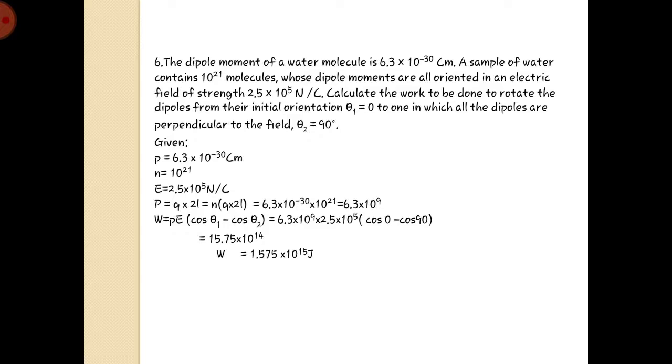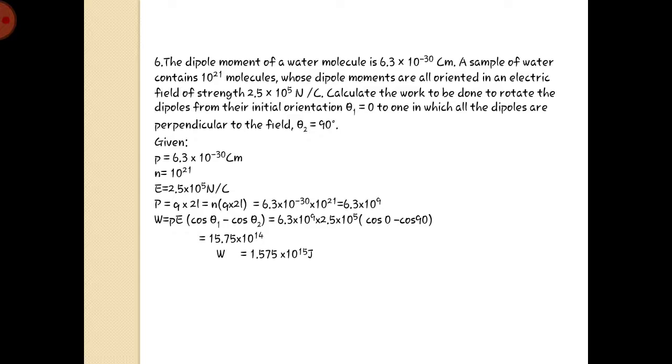So the dipole moment of this water molecule is given, and a sample of water contains 10 to the power 21 molecules. There is not only one molecule, there are 10 to the power 21 molecules. So whatever answer you are getting, that has to be multiplied by 10 to the power 21, because we have to find it out for all the molecules.